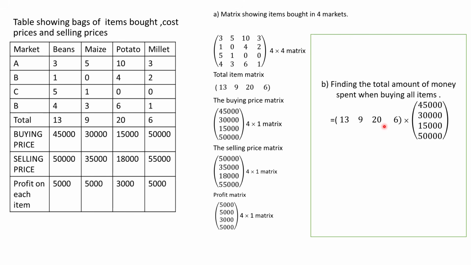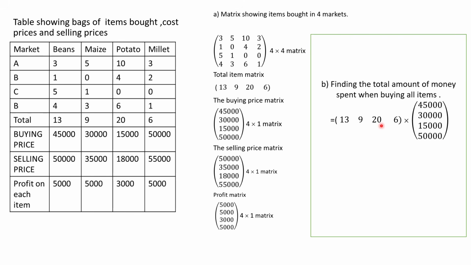But if they had said find the amount of money spent in each market, then I would not take this direction, because I would expect my result to be having 4 rows, markets. So I would maintain my matrix here with this one. But now that I want just one figure, that's why I come here and I use this. And this is a 1x4 matrix. And then this is a 4x1 matrix.